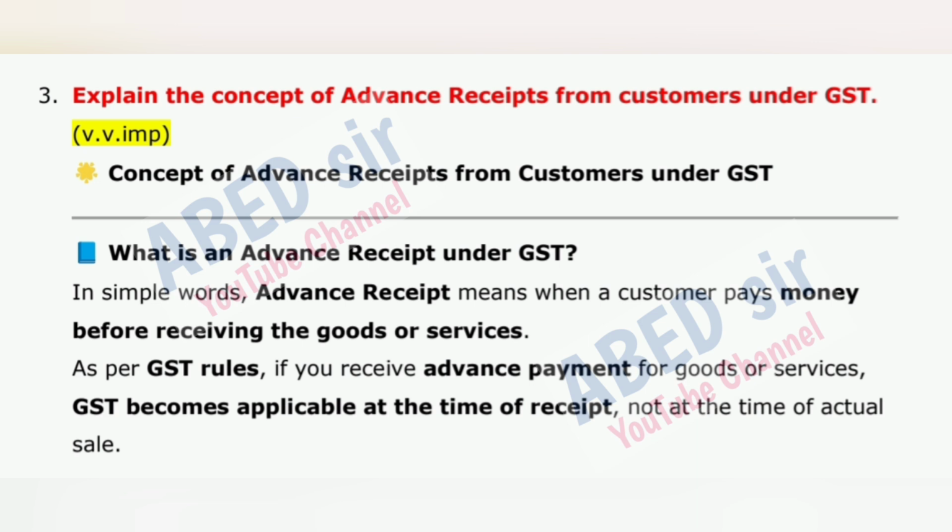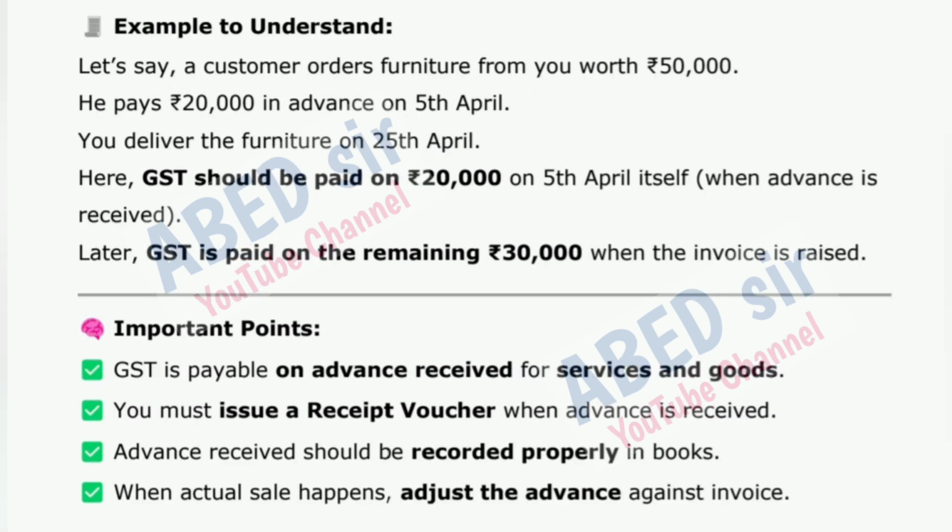As per GST rules, if you receive advance payment for goods or services, GST becomes applicable at the time of receipt, not at the time of actual sale. Example to understand. Let's say a customer orders furniture from you worth 50,000 rupees.